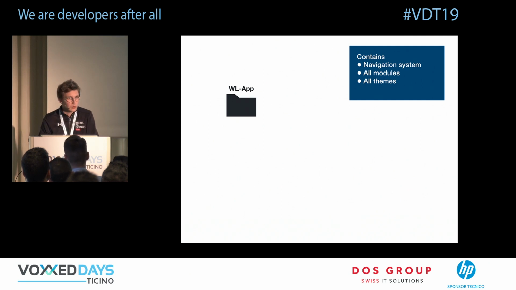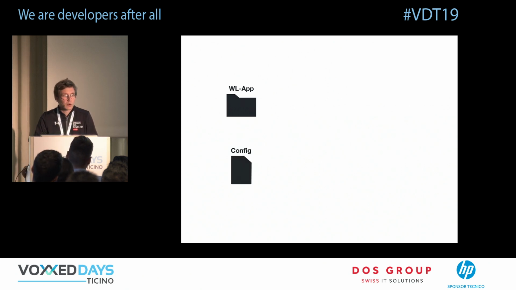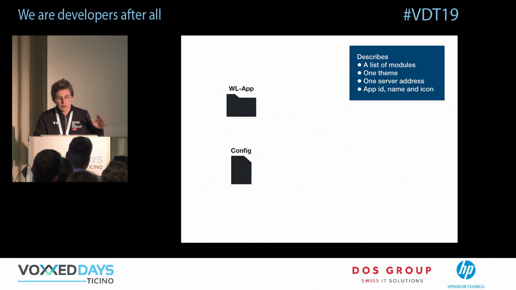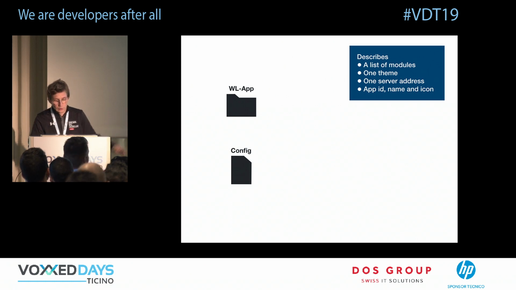In addition to that, we are going to need something to actually specify which application we are going to build. So we have a configuration file, and in the configuration file, we will describe which modules one application will use, which theme, and which server address for our services to retrieve different events in the two applications. Also, we are going to specify the application ID, the name, and the icons we are going to use.